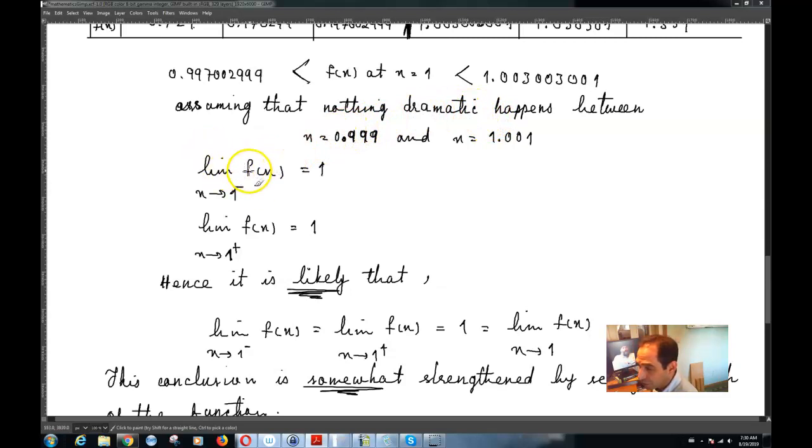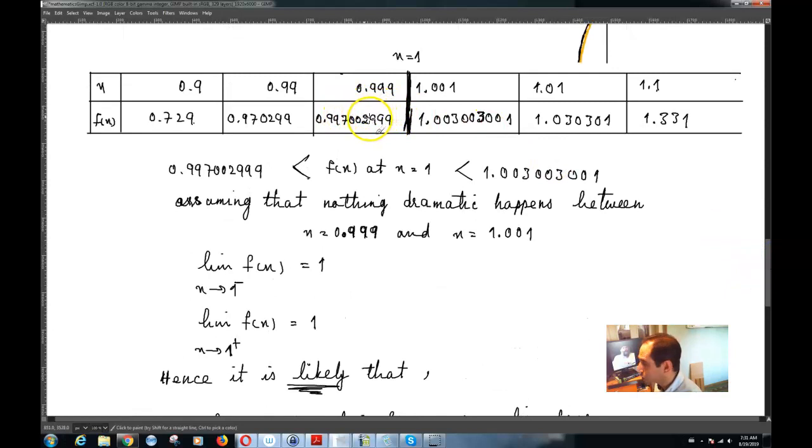And moreover, again we said that it's reasonable to assume that the value of f of x at x equal to 1, as dictated by the numbers to the left of 1, is equal to 1, meaning that these numbers are approaching some numbers, 0.997002999 and so on and so forth.